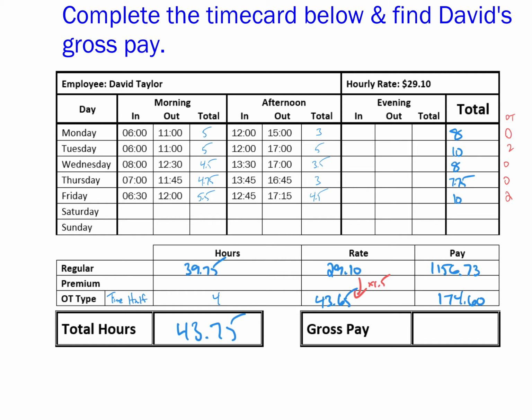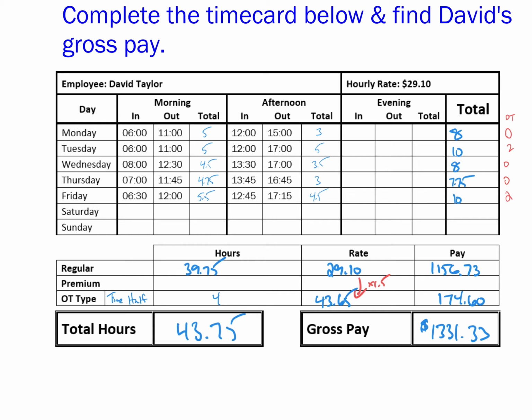Excellent. If we put that together, I think we're going to get $1331.33. Make sure to put your dollar signs on. $1331.33. That is David's gross pay.